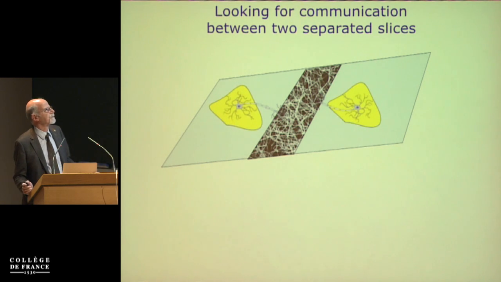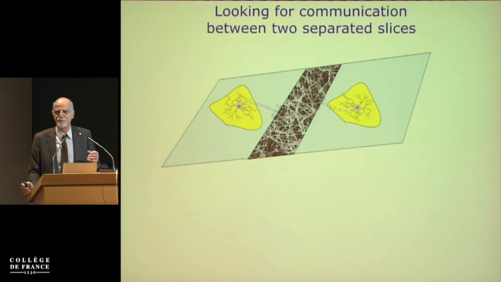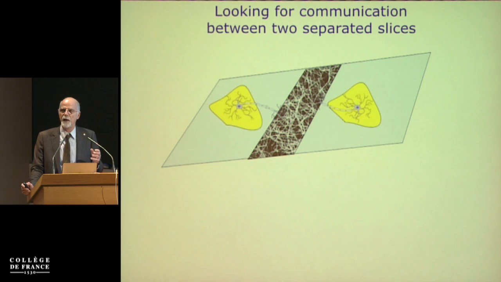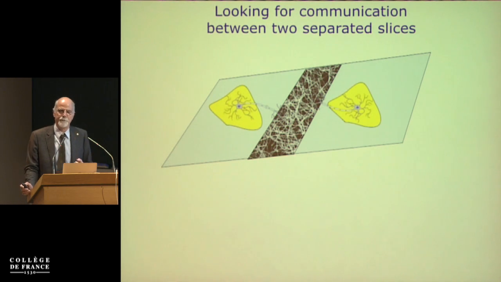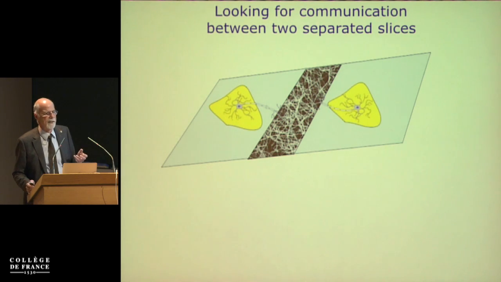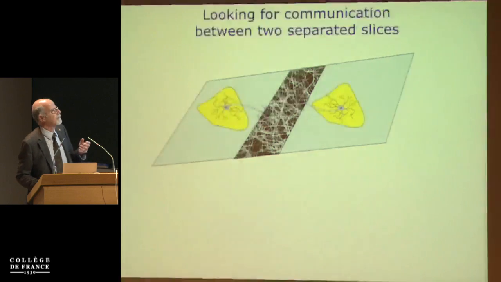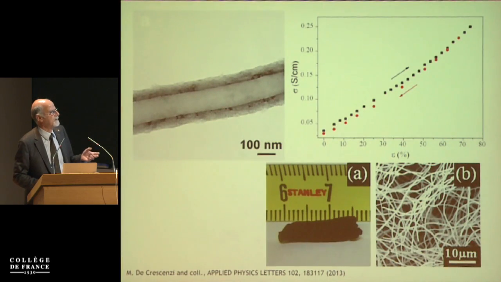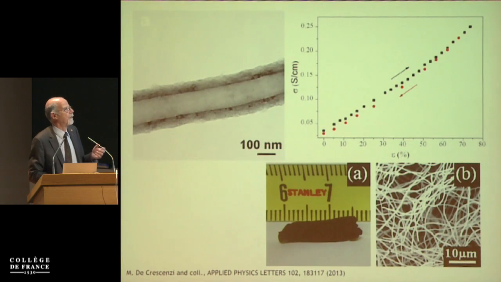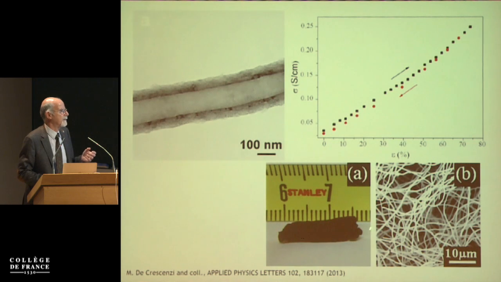However, we reasoned that since we are discussing more complex matrices, we have to go to more complex carbon nanotube constructs. And so we decided to use this type of carbon nanotubes, which are assembled in a sort of sponge.